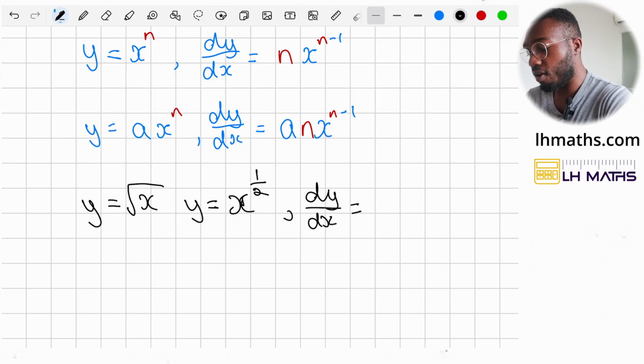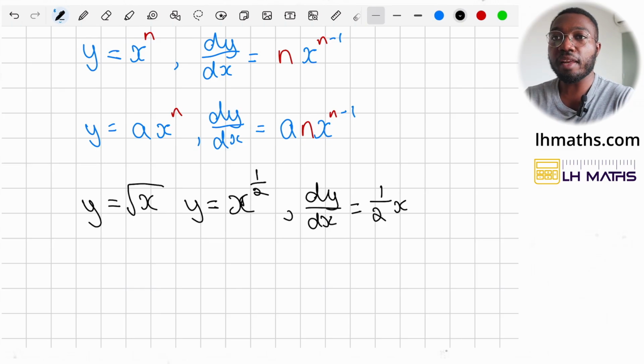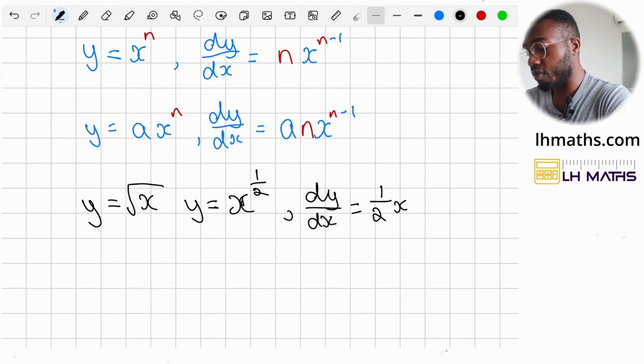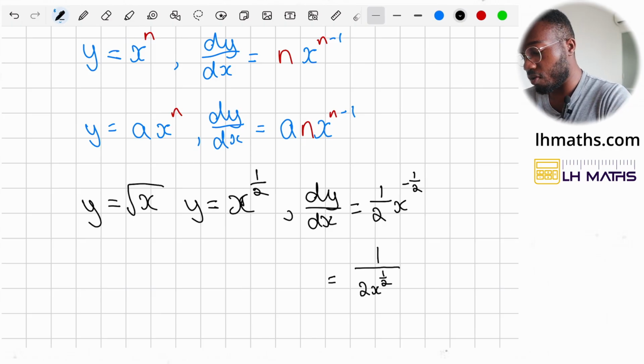So we'd get a half x, and then a half minus 1 is minus a half. You can also rewrite that if you want to: 1 over 2x to the half, or 1 over 2 root x.